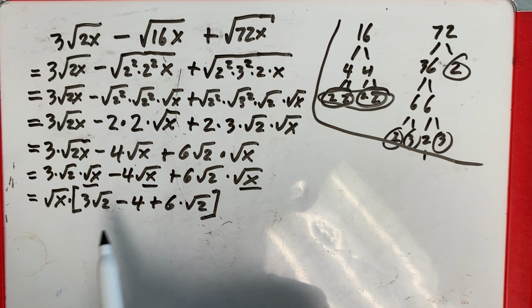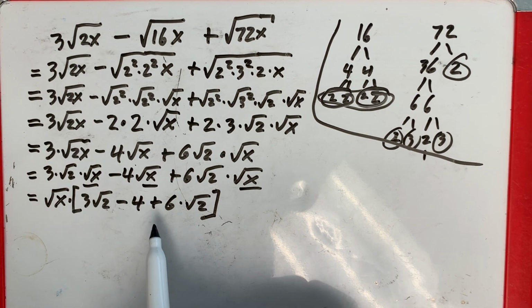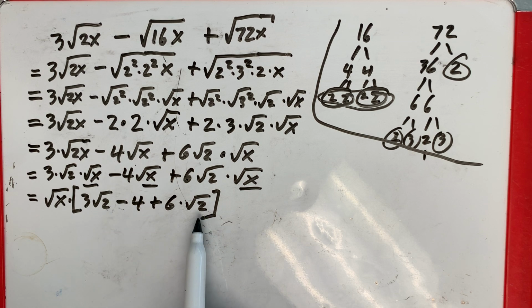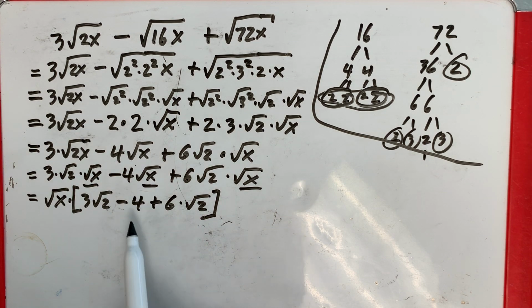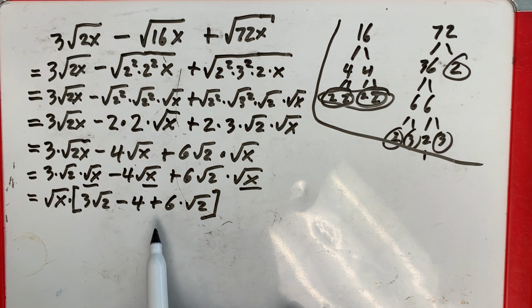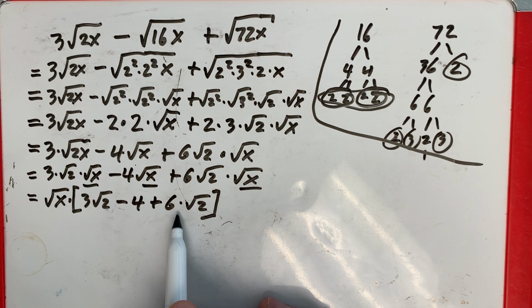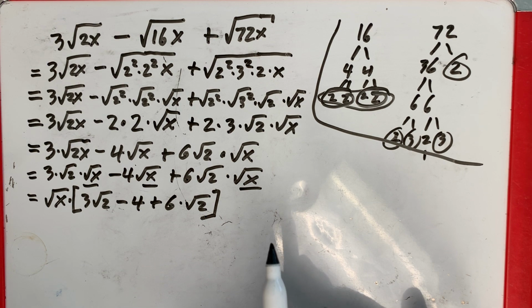All right, so at this point, I would say that this is a pretty good factorization. If you wanted to factor out this root 2 as well, you could, but you don't have one in all three terms, so I would just leave it as is. Or, better yet, you can say, hey, look, I have 3 root 2's and I have 6 root 2's, so how many root 2's do I have in general?